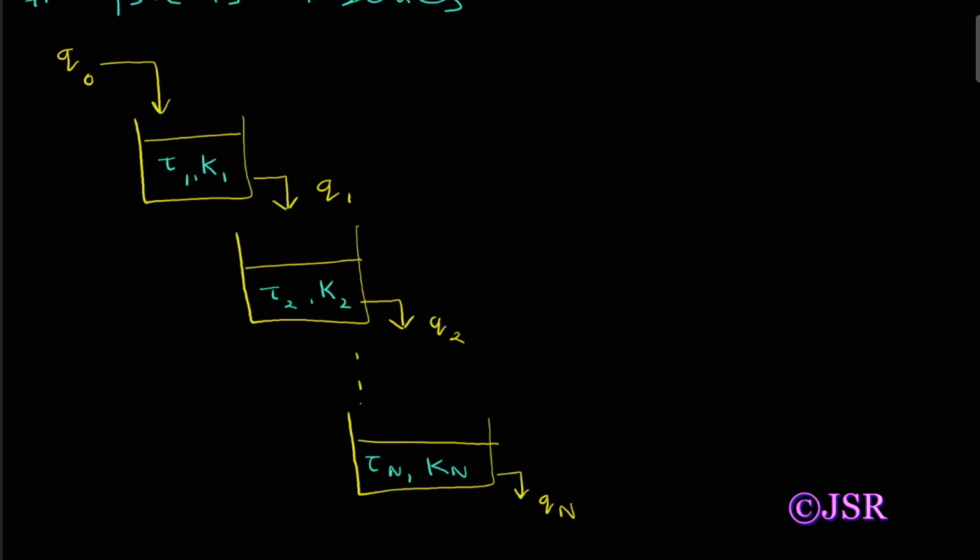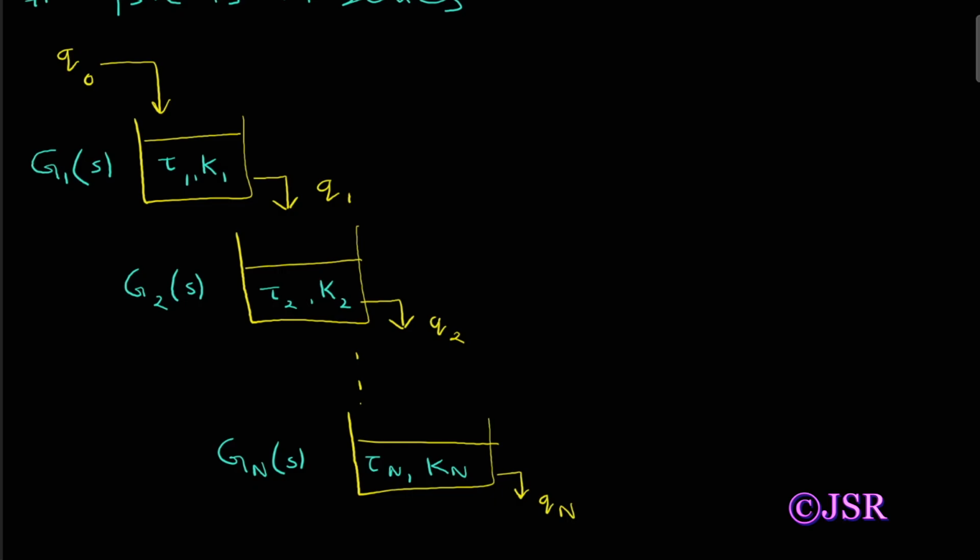As we already know, a liquid tank system is a first order system. So for tank 1 the transfer function is G1 of s, for tank 2 it is G2 of s, and for tank n it is Gn of s.